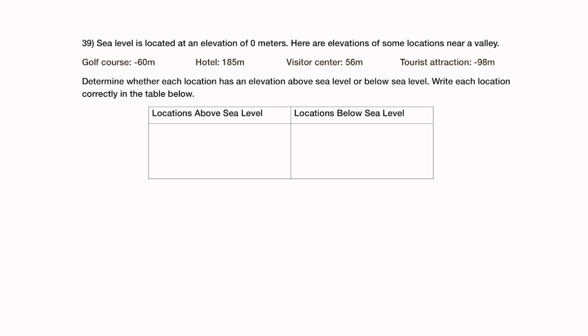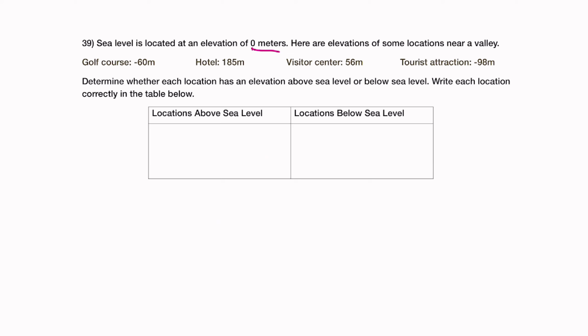And comes the last question, and then we will be done. Sea level is located at an elevation of 0 meters, right? Here are elevations of some locations near a valley. So we have golf course, which is minus 60 meters, hotel, which is 185 meters, visitor center, which is 56 meters, and tourist attraction, which is minus 98 meters.